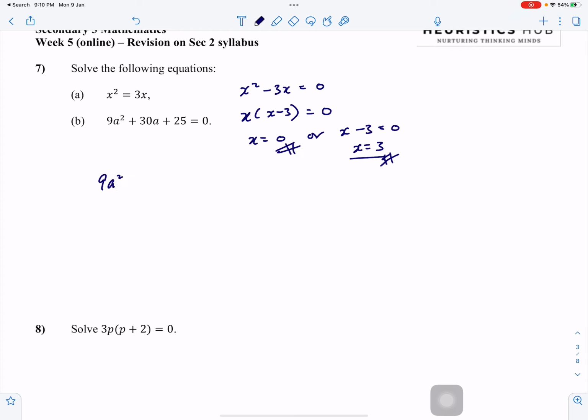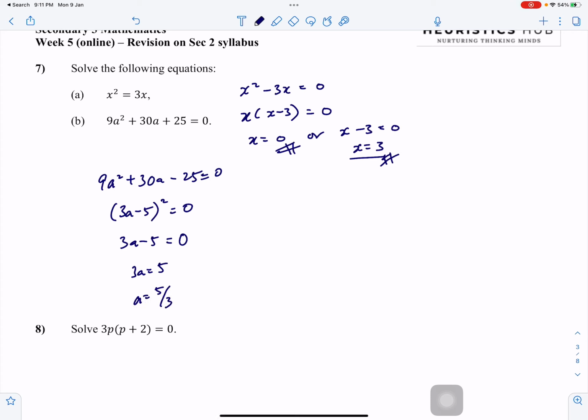The next question is pretty much the same. It's just that you use the cross method, or the tic-tac-toe method. So it's 3a minus 5 square equals 0. In this case, you only have one answer. Okay, there you go.